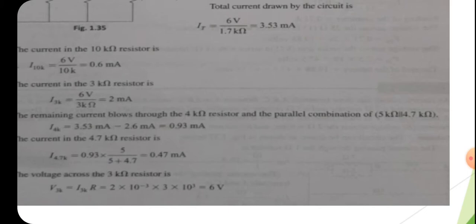So I 4.7 kilo ohm will be equal to 0.93 into 5 in the numerator, divided by the sum of these two resistance values in the denominator, that is 5 plus 4.7. When you solve for these values, you will get 0.47 milliampere. So by applying the current divider rule, you get the current through the 4.7 kilo ohm resistor.